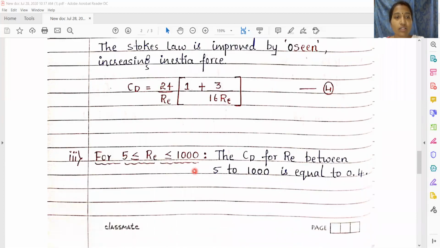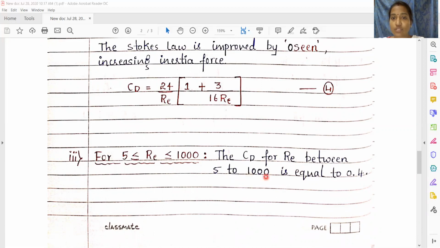Okay, then the third condition is for 5 less than or equal to RE less than or equal to 1000. So the CD for RE between 5 to 1000 is equal to 0.4.